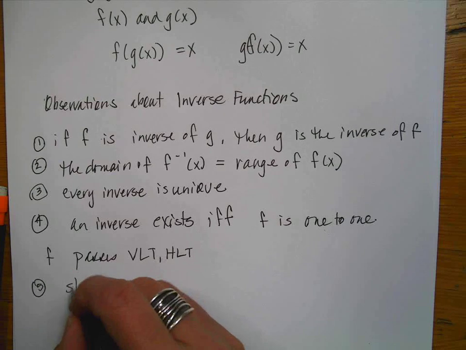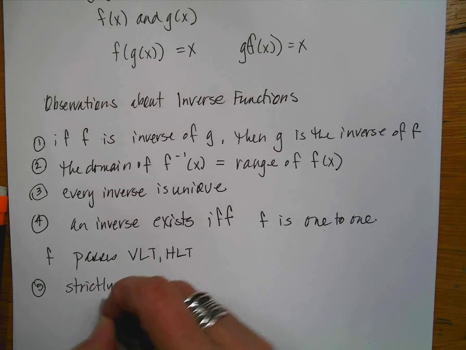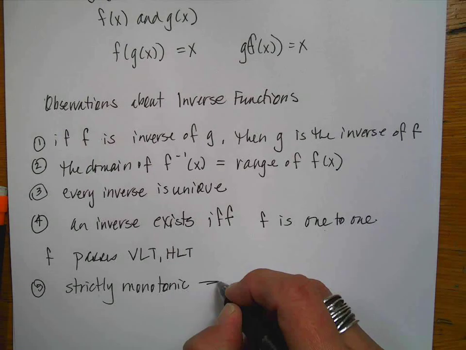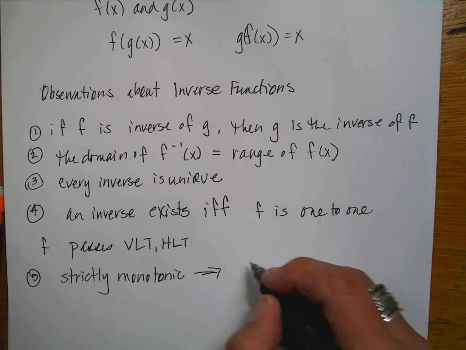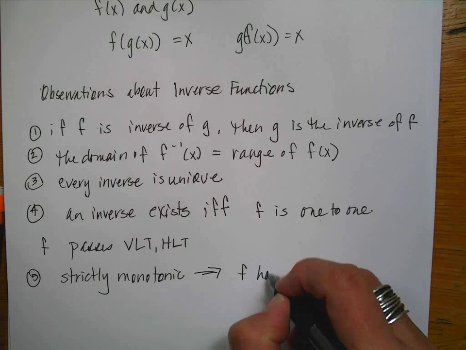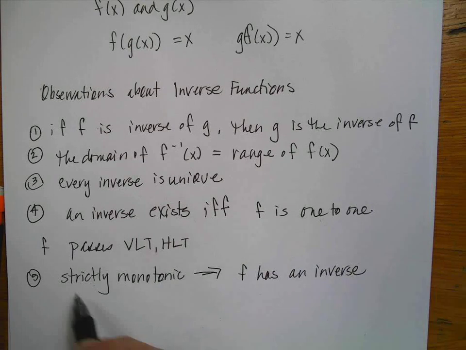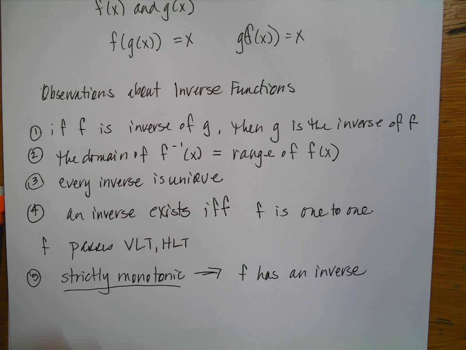And then a new vocabulary word is strictly monotonic. That means if a function is strictly monotonic, then f has an inverse. Let me explain strictly monotonic.